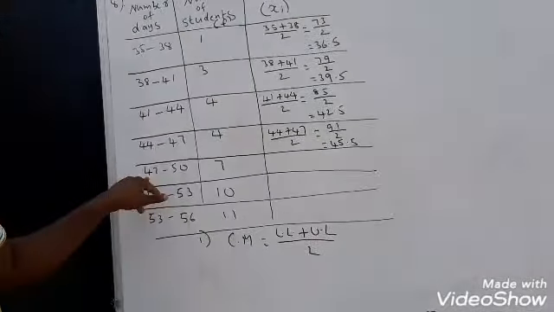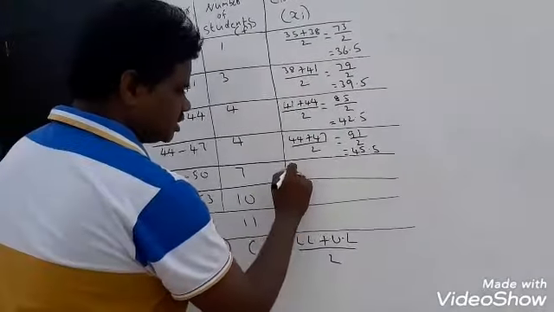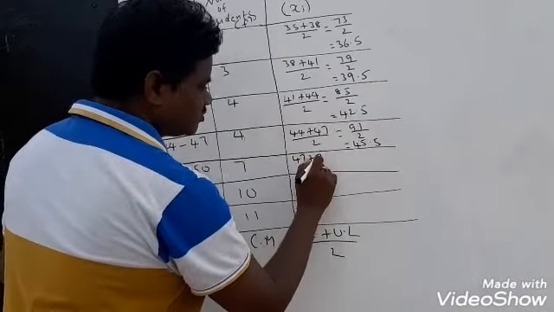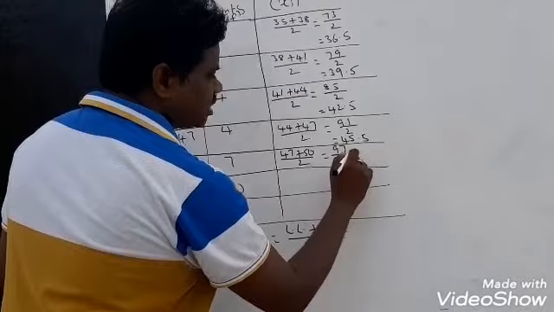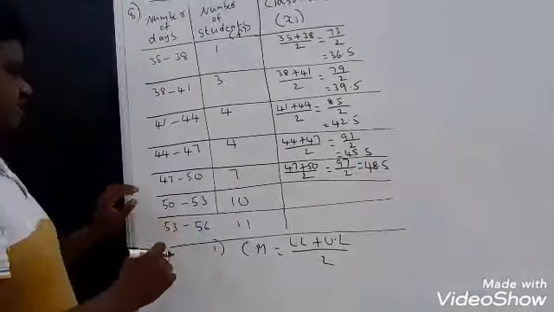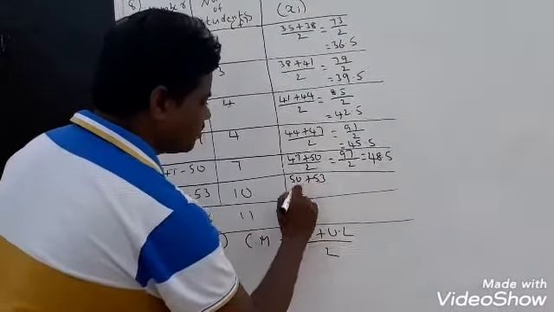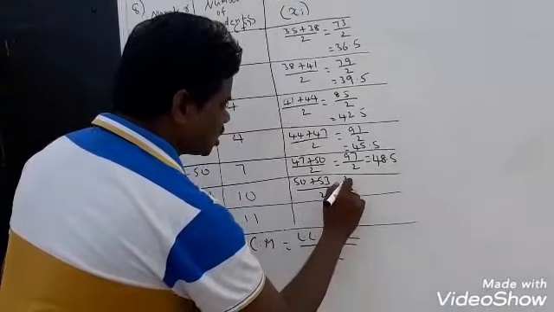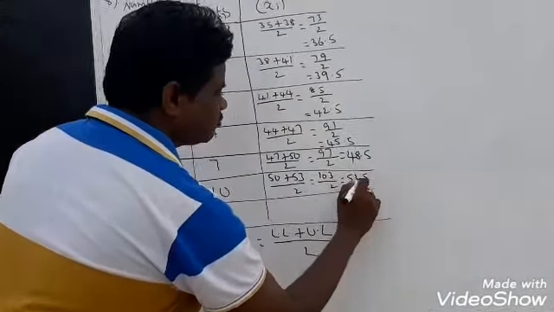Next, 47 plus 50 by 2, you will get 97 by 2, that is 48.5. For the next class interval, 50 plus 53 by 2, that is 103 by 2, you will get 51.5.